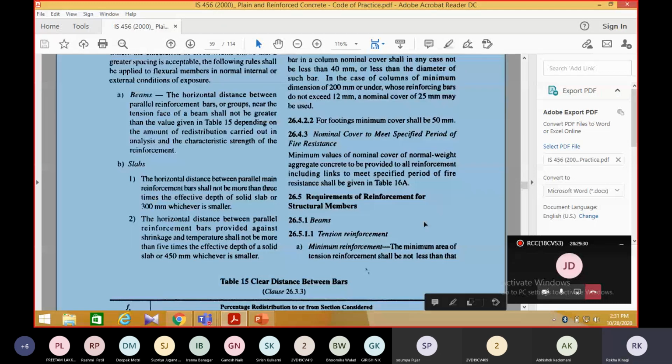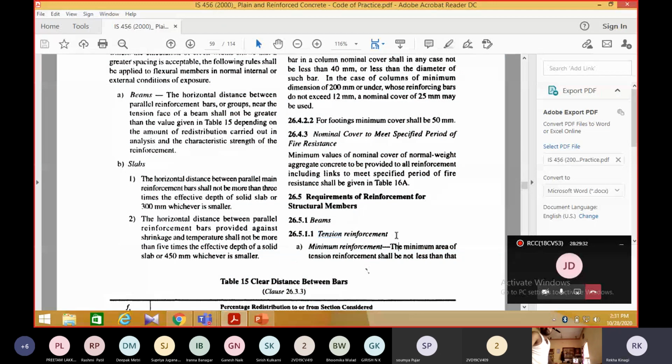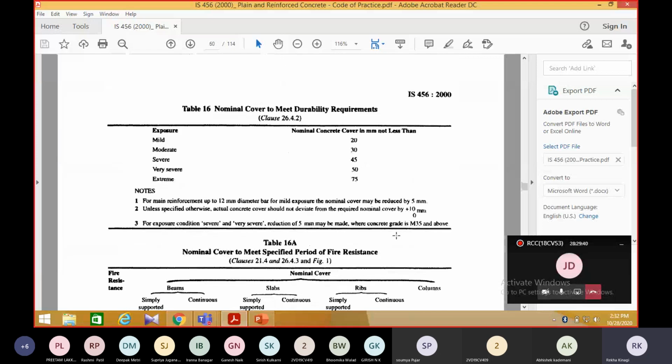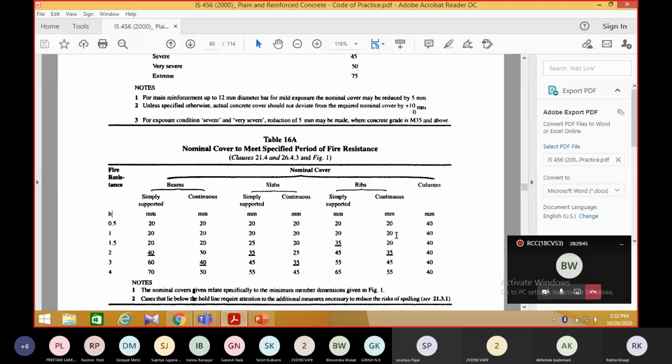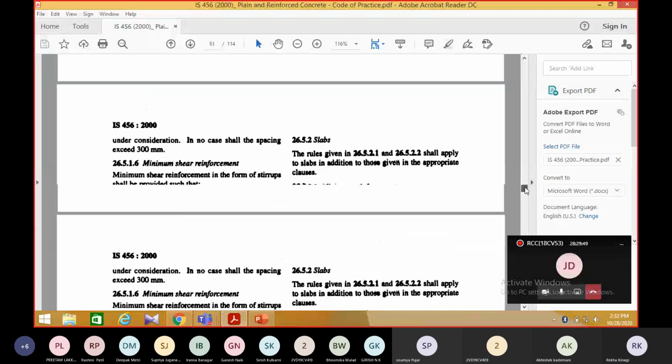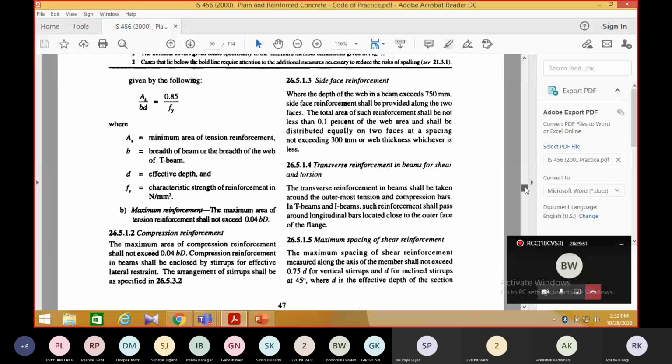Here, for beams, the tension reinforcement, the minimum area of reinforcement shall not be less than that given by the equation AST divided by BD is equal to 0.85 divided by Fy.